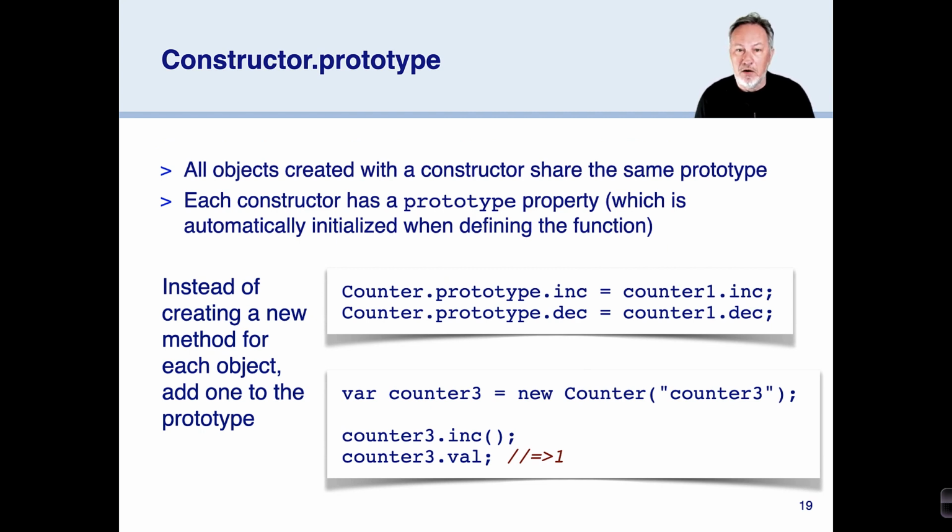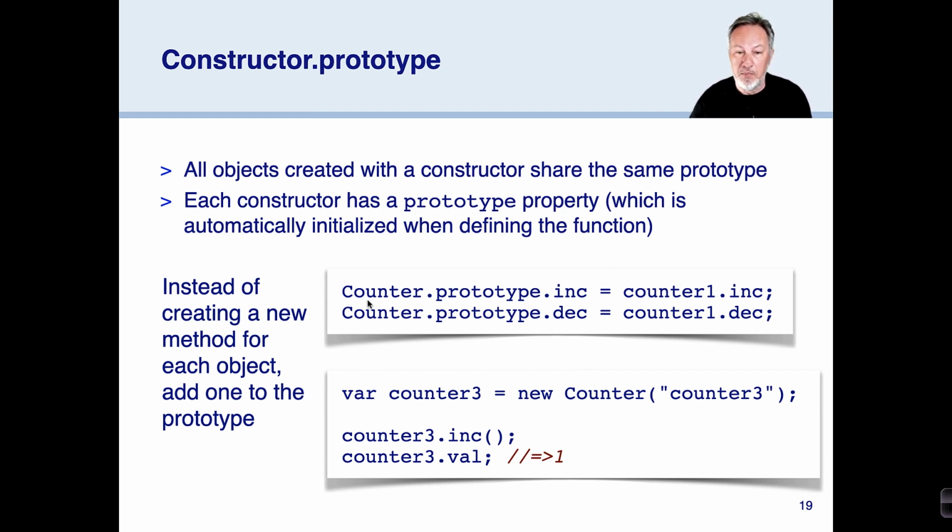When we create objects with a constructor, they all share the very same prototype. So every constructor has a prototype property which is automatically initialized when defining the function. Now if we want to make sure that instances created with that constructor have some extra behavior which is shared by them all, we have to add those properties to the prototype.